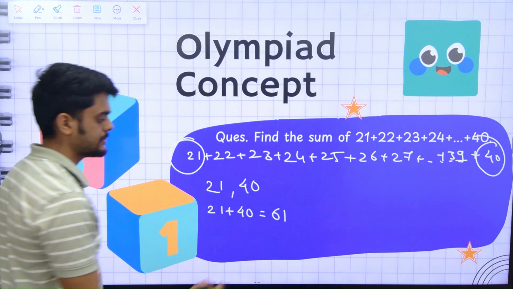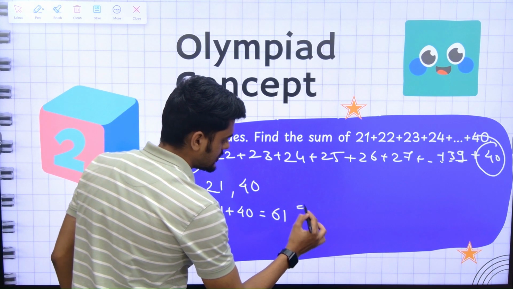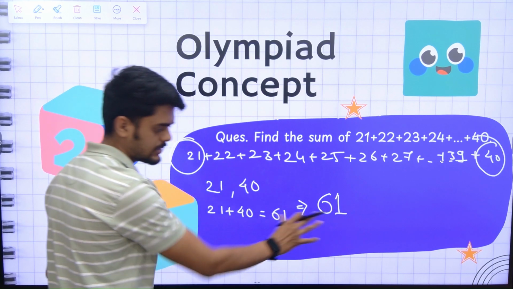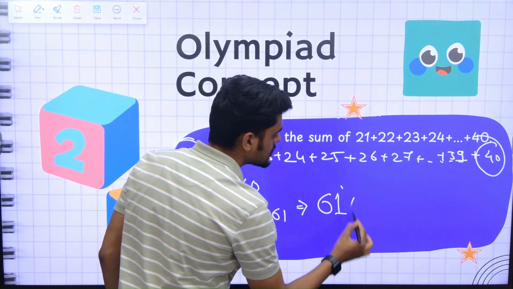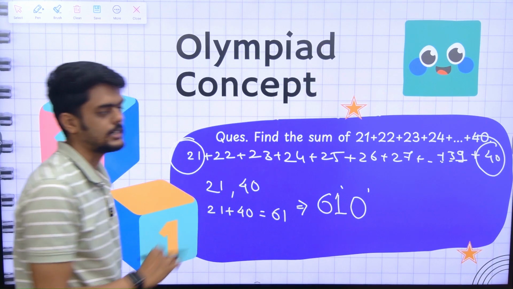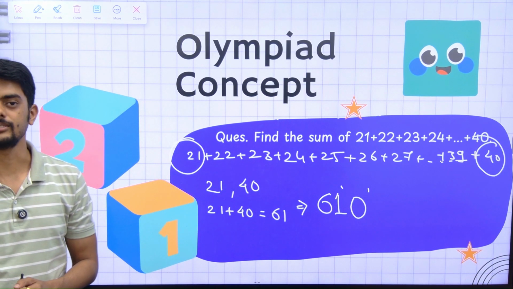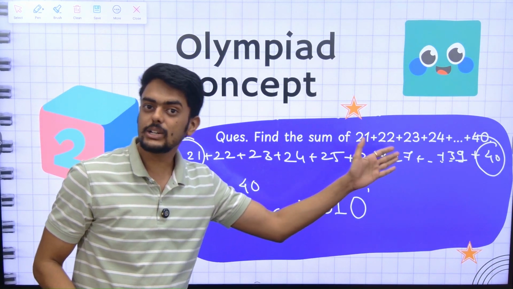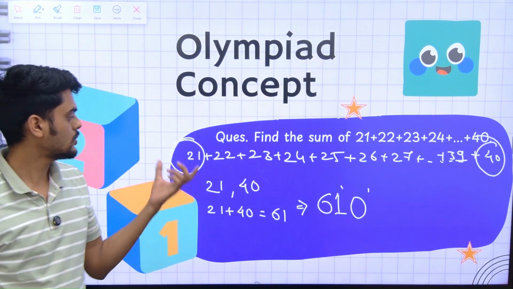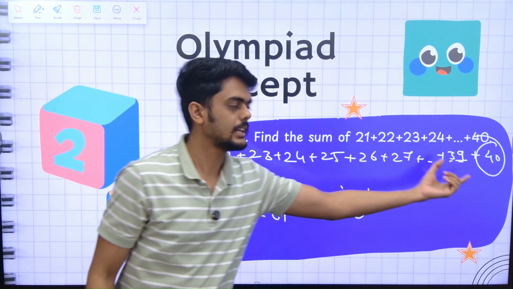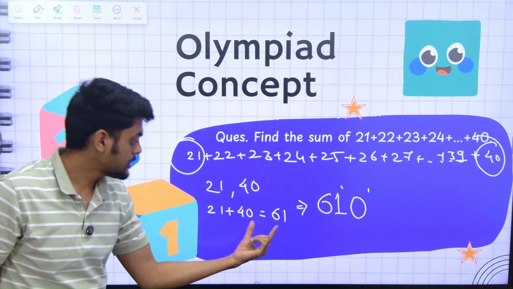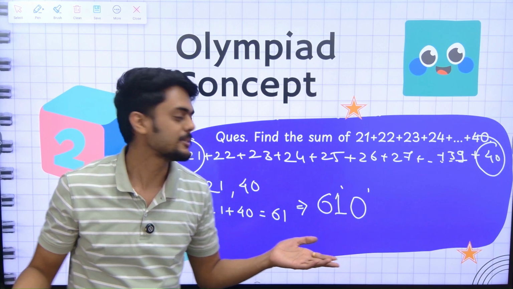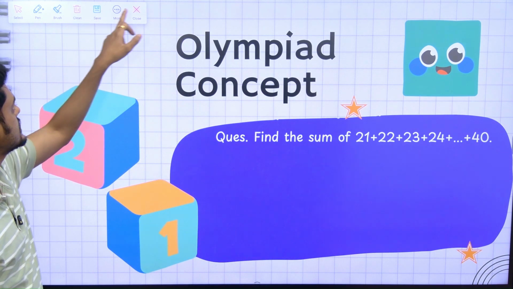The third step, after whatsoever the sum is, just put a 0 behind it and this would be your answer. So to calculate the sum of 20 consecutive numbers, you just need to take the first number, take the last number, add both of them and keep a 0 behind it, and you will get your answer.